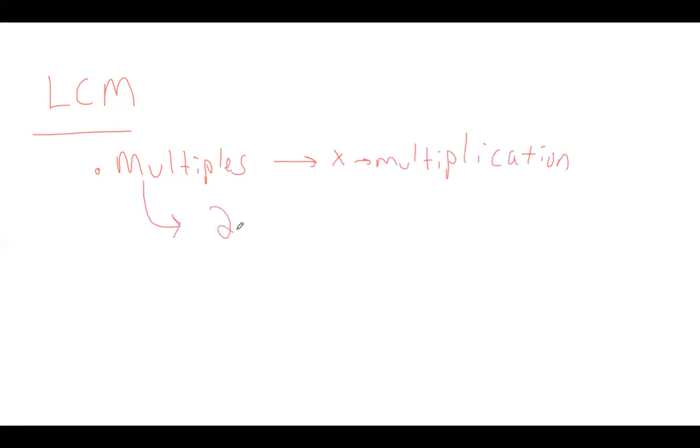So the multiples of 2 would be counting by 2. 2, 4, 6, 8, 10, 12, and so on, right? The multiples of 7 would be 7, 14, 21, and so on, right? So you see the difference between multiples and factors. Factors were breaking things down into smaller numbers, right? Whereas multiples were making these numbers larger.